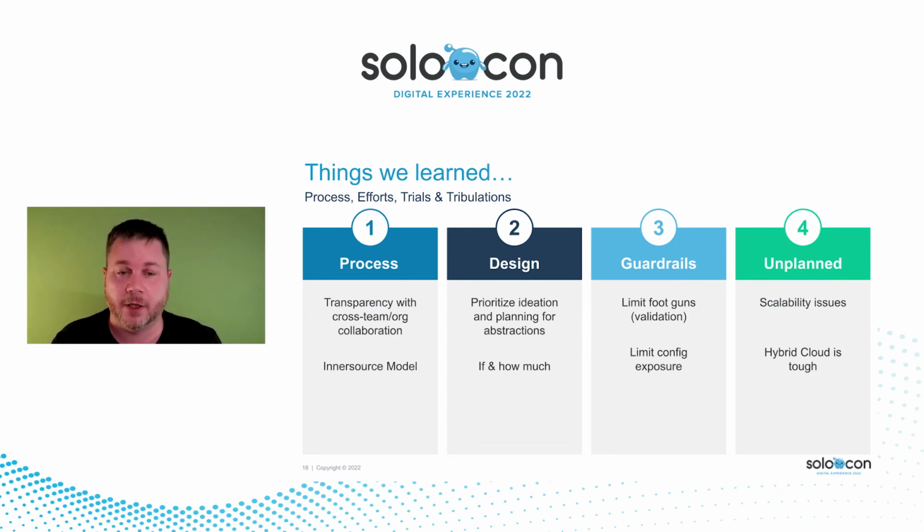And continuing along those lines with transparency across teams, the inner source model really helped us to achieve full transparency during the design and build phases of this project. Taking notes in all meetings to track design decisions, architectural requirements, so on and so forth, proved to be extremely useful.